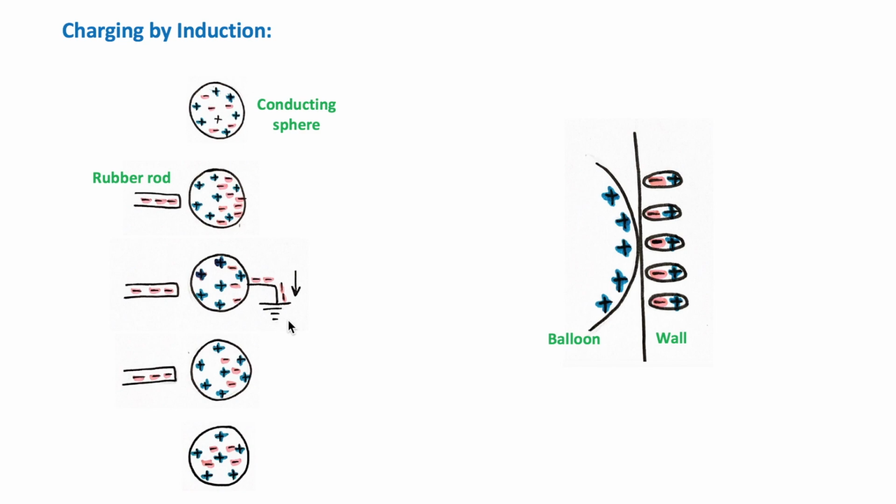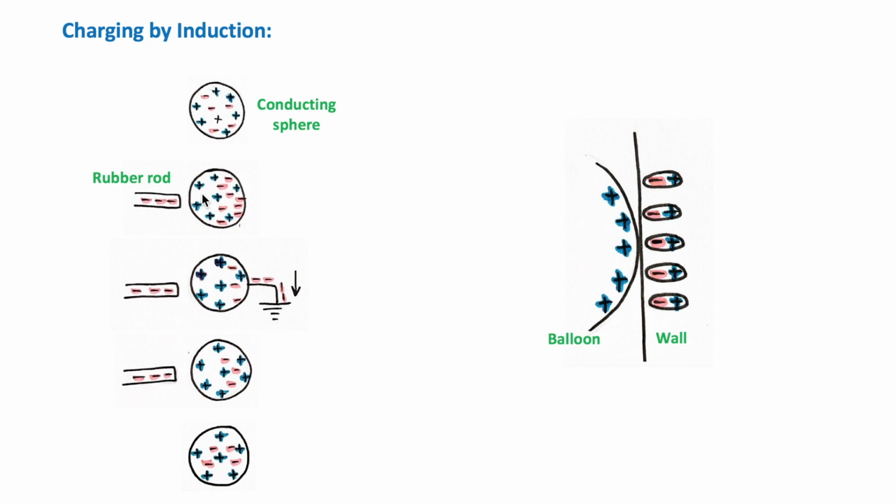So to understand charging by induction, let's consider a metal sphere that is uncharged, which means it's neutral, and suppose that it is insulated from the ground. And now suppose that you charge a rubber rod by rubbing it with fur and you bring it close to the sphere. Then the electrons in the region nearest to the rod will move to the opposite side of the sphere because they will experience a repulsive force from the negative charge of the rod, and so the side of the sphere that is near the rod will acquire a net positive charge.